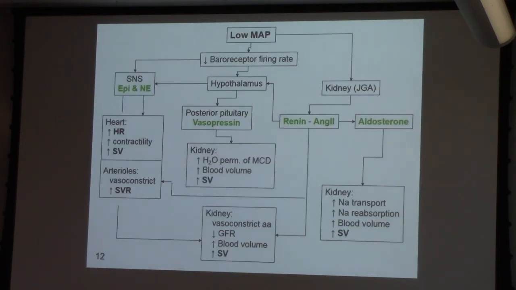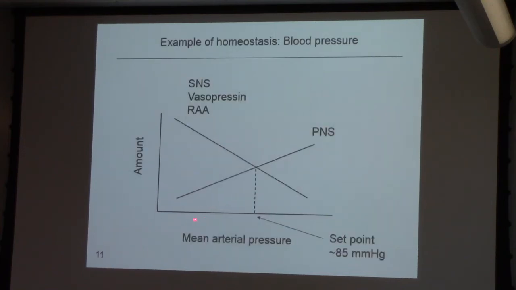Things to review. Here's a slide that you might want to refresh your memory of, the flow chart for control of mean arterial pressure. So this flow chart is what happens down here.